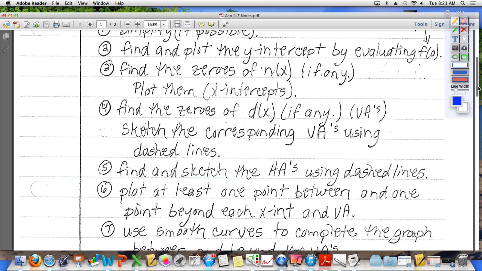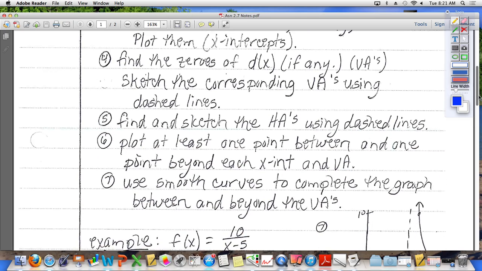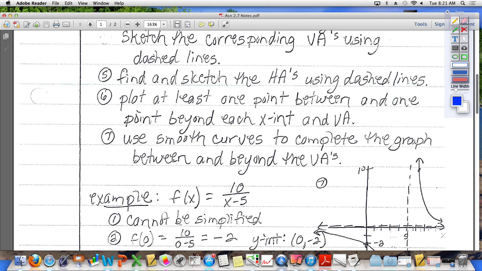All right, the fifth thing that you need to do is find and sketch the horizontal asymptotes using dashed lines. How are you going to find the horizontal asymptotes? Yeah, using those 3 rules that we talked about in the last section.